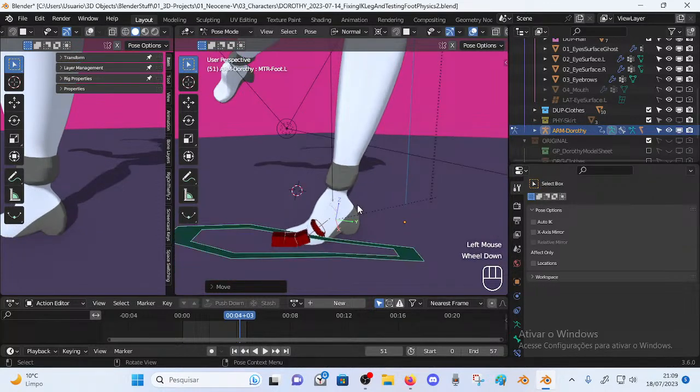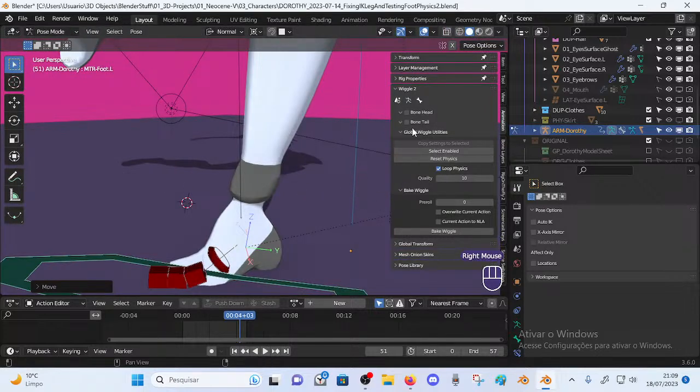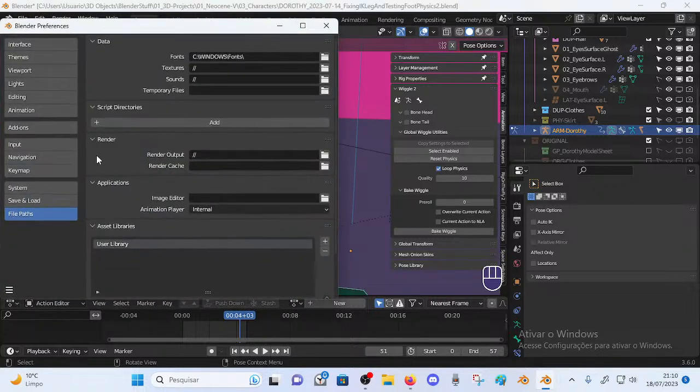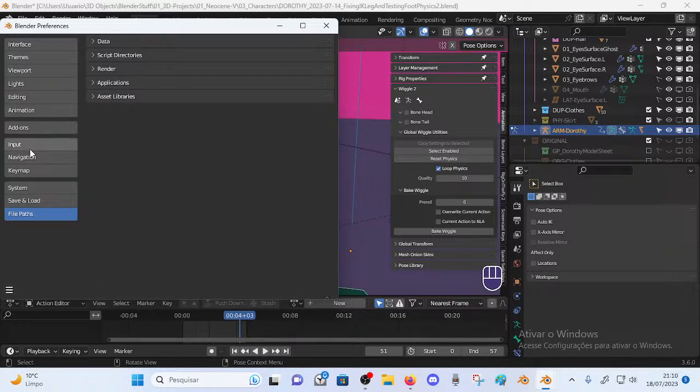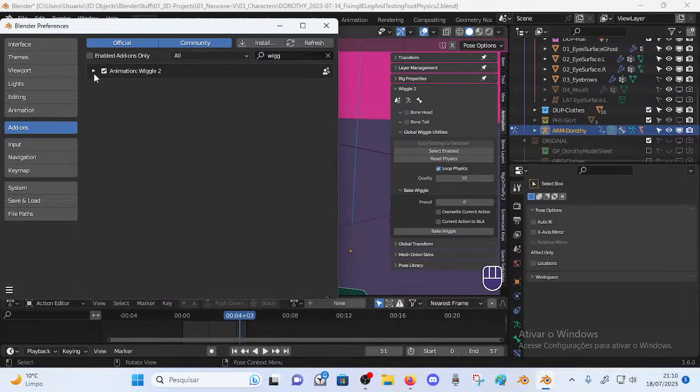And this is another interesting thing, because I was attempting to do some bone physics using the Wiggle add-on. It's the latest version of the Wiggle 2 add-on. Let's see where it is. I just want to check. I don't remember exactly which version.